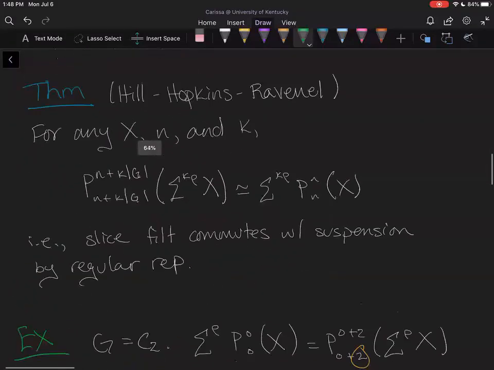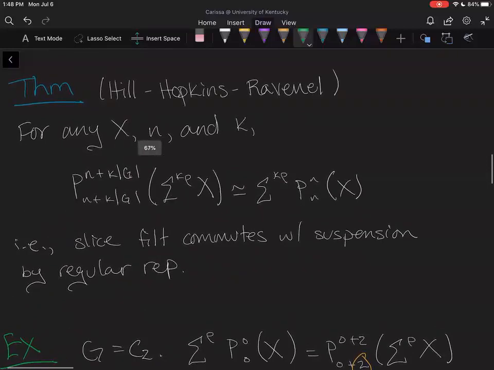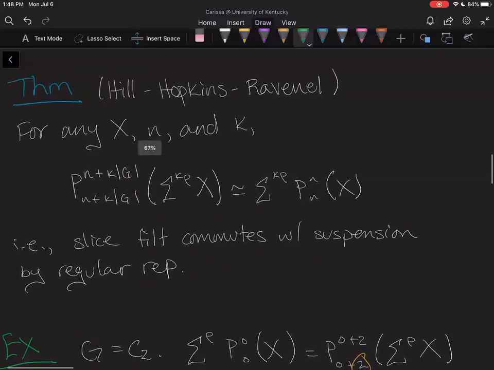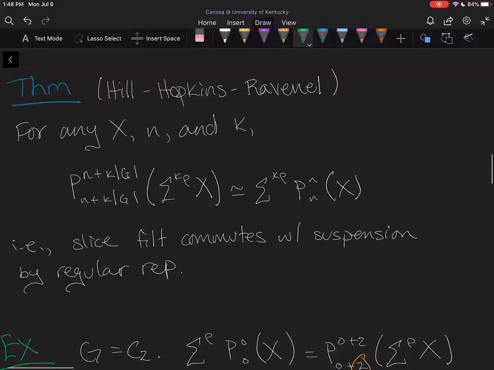Okay, so the commuting with ρ, yeah. Yeah, I guess I wasn't actually thinking what I was thinking then. Maybe I'll ask you later. Okay.